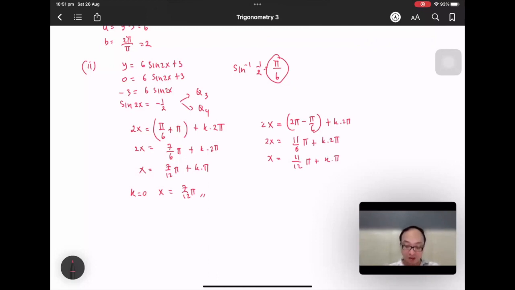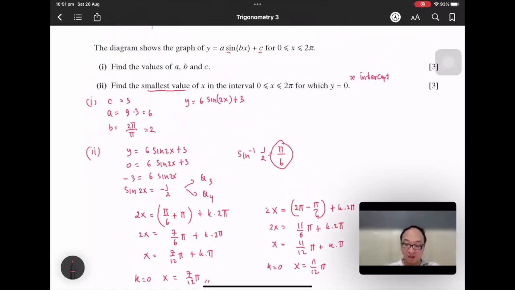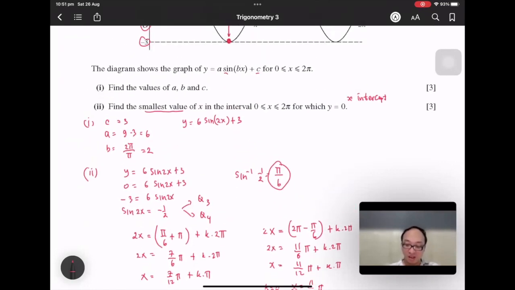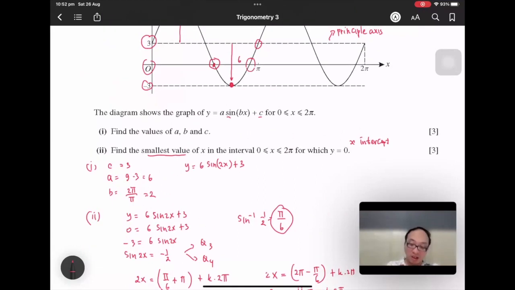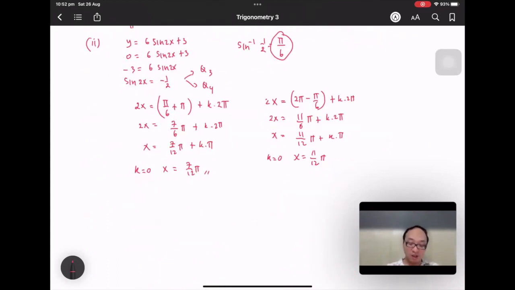So if you use k equals 0, you will have x equals 11 over 12 pi, which will be the second one. Since the question asks you to find the smallest value, we only take this value.